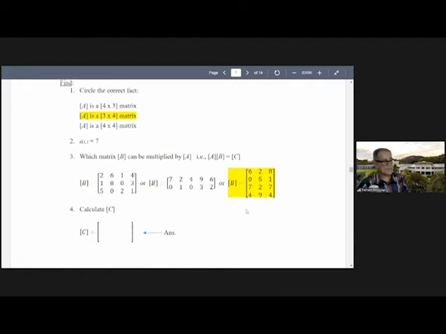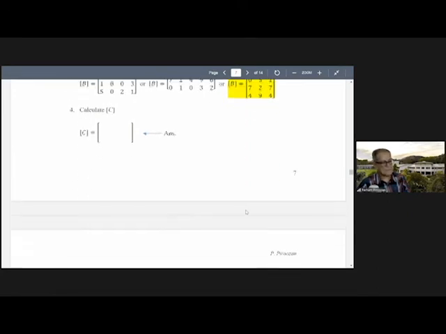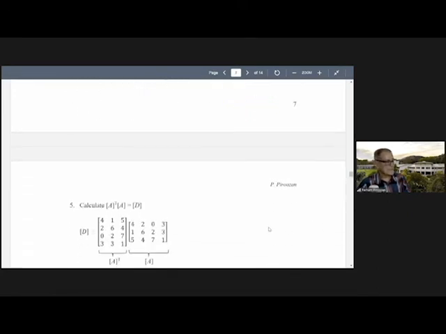Multiplying these matrices is just to remember how we add, subtract, or multiply matrices. Calculate A transpose times A. A transpose replaces the rows and columns in a matrix. This is the transpose of this. So for example, if this is matrix A, transpose means that row 1, 4203, becomes column 1, 4203.